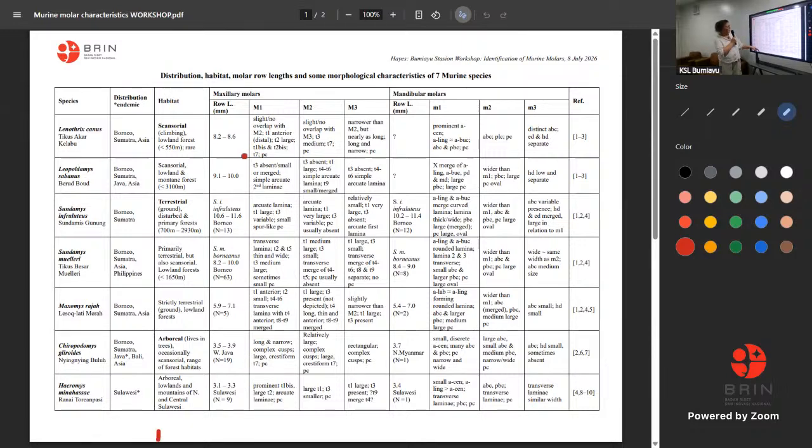So this is where they live. You've got where they are found, and then what are the characters of their teeth? How long is the maxillary row? How long is the mandibular row? Do the teeth overlap? This one's the only one that really doesn't.